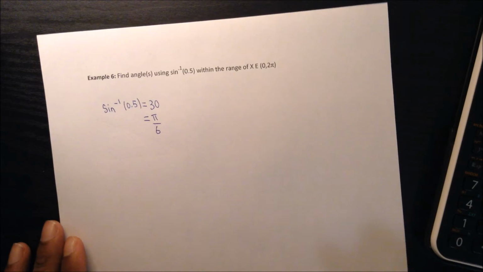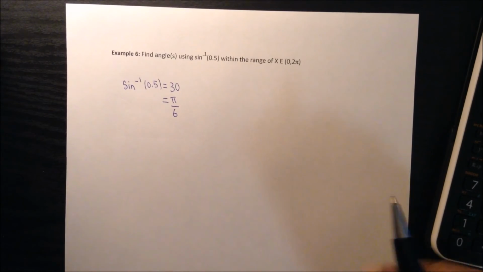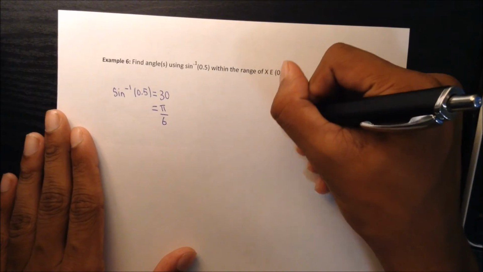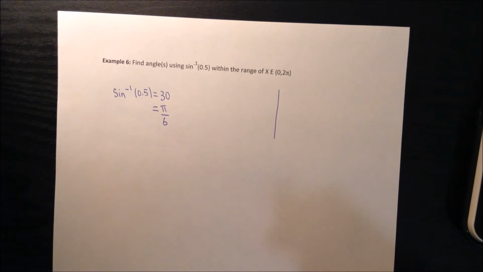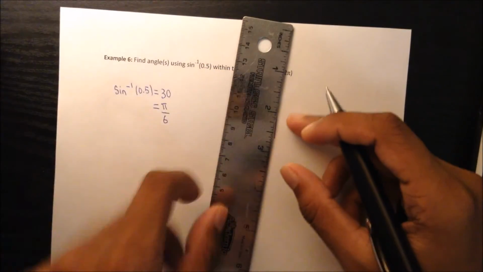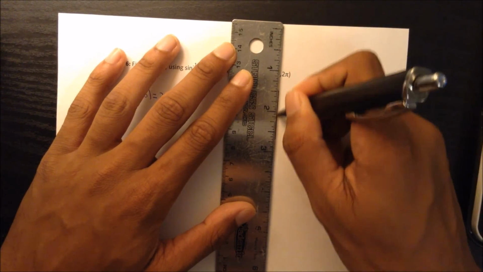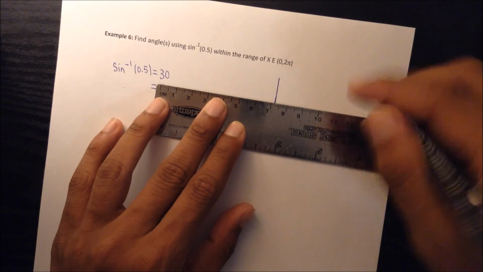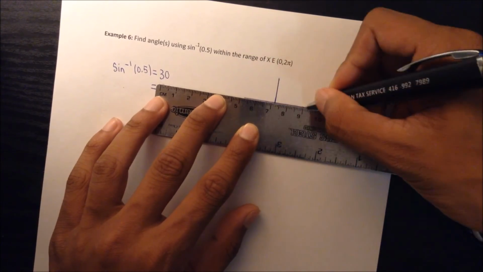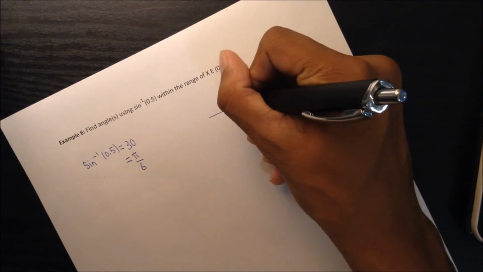And at this point, we need to look at the CAST rule to help us determine which quadrants this would be positive in. So let's draw out the CAST chart. Let me use a ruler. Fill out the things.